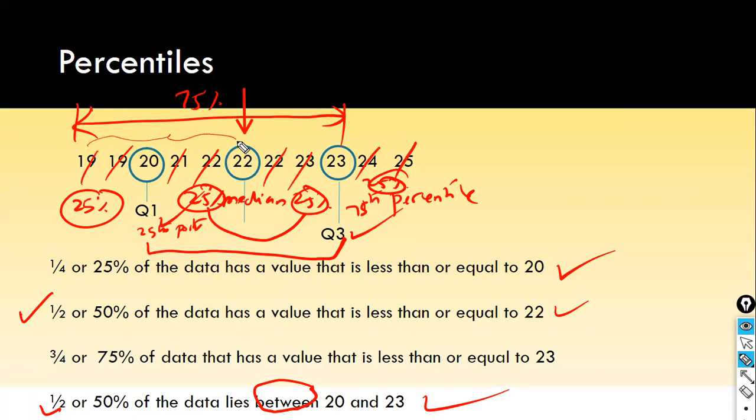But if they ask 50% of data lies between, that means they are asking about Q1 and Q3: 50% of data values lie between 20 and 23. With this, you are able to understand which data lies in which location of my data set. That is possible with percentile, isn't it?